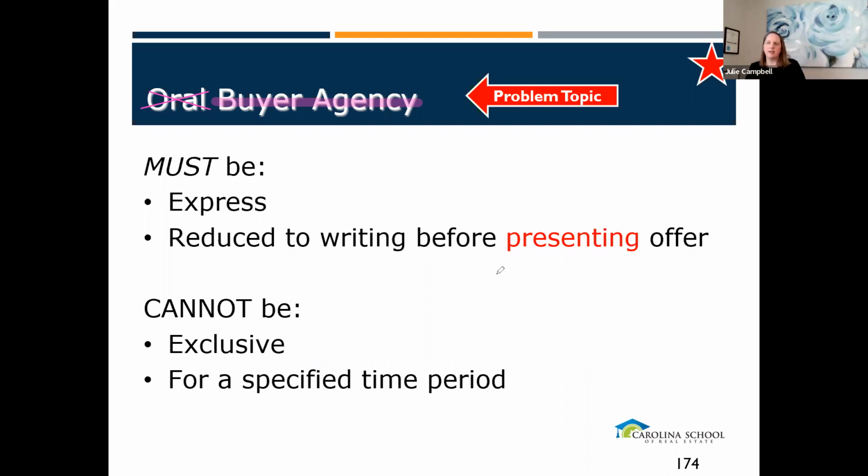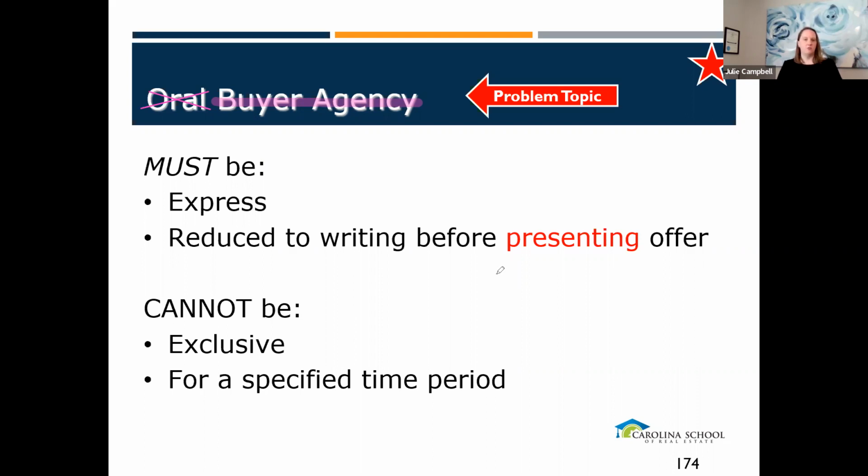Yeah, a lot of you are spelling it out. I think the easiest way to remember what I owe the consumer is OLCAR. So in an oral buyer agency agreement, what do I owe this buyer? I owe them OLCAR.